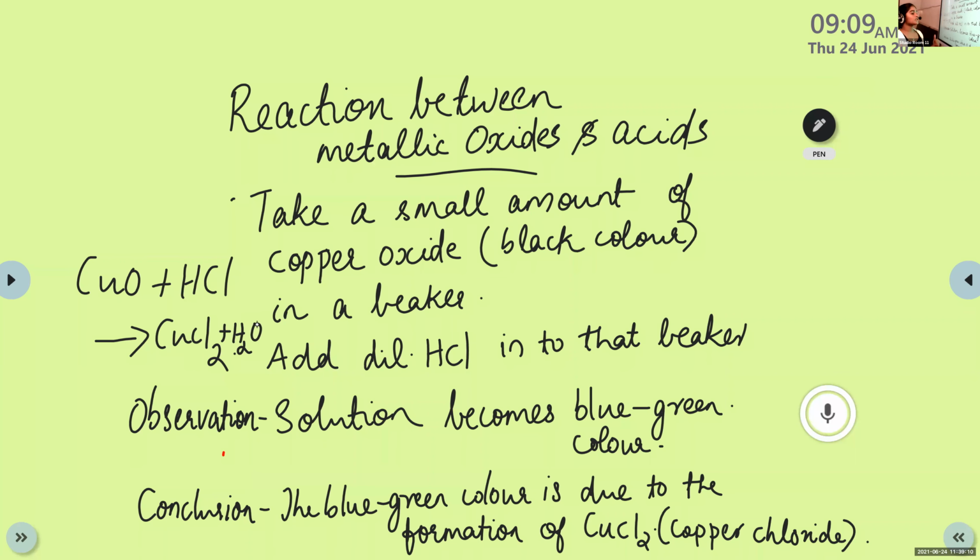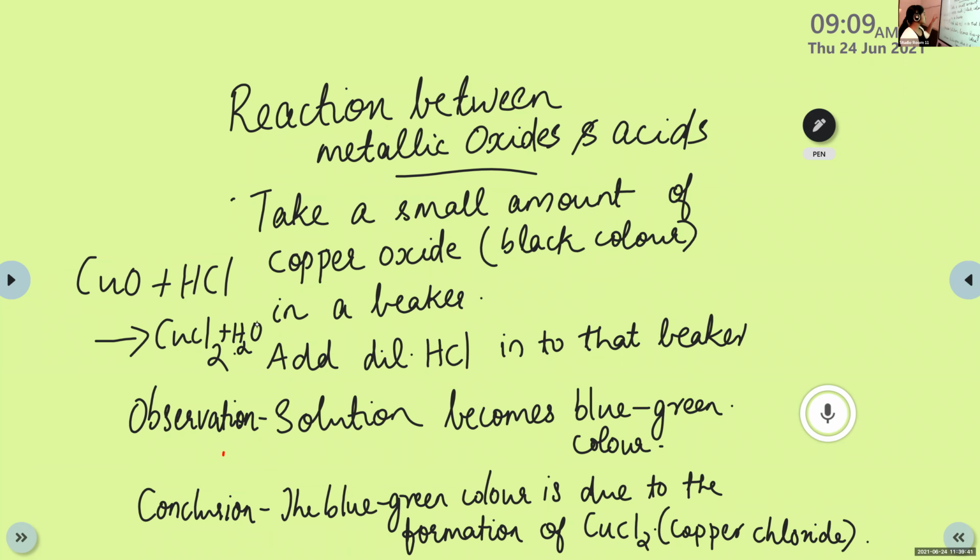So here the products are similar to the previous reaction. When we learned that acids and bases react with each other, salt and water will be produced. Here in the case of metallic oxides, they react with acids, and here also salt and water will be the products. So can you tell me the nature of this copper oxide? Base. Very good. It is basic in nature.